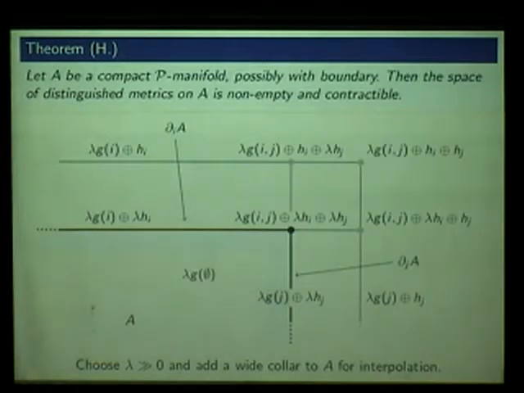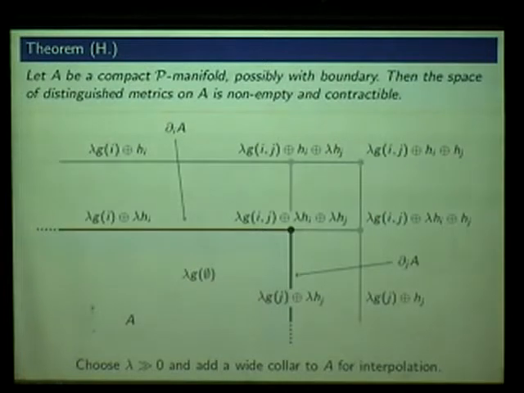Namely, what is easy is to construct these metrics g_ω on these parts A_ω, for example g_i, g_ij, and so on, such that we have all these compatibility conditions. But the problem is that then the condition that on the boundary, like here, we have the metric h_i appearing with positive scalar curvature and dominating the whole thing, needs additional work.